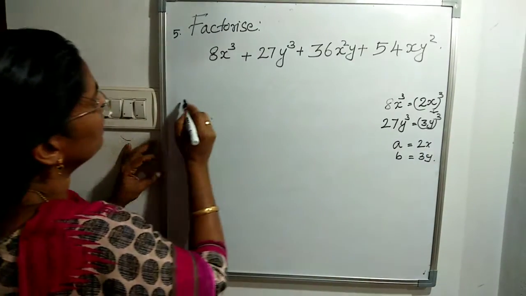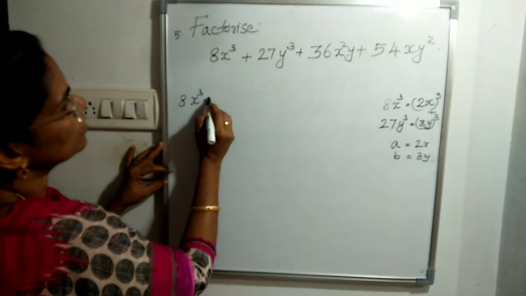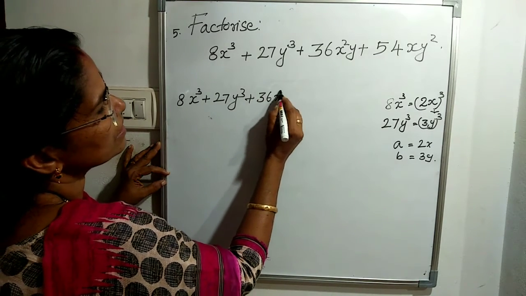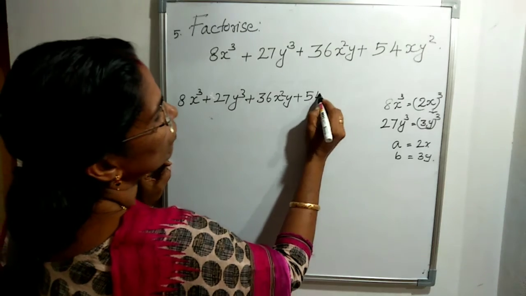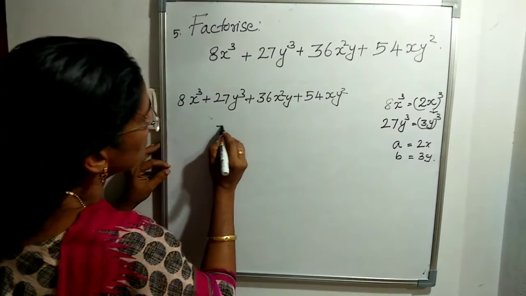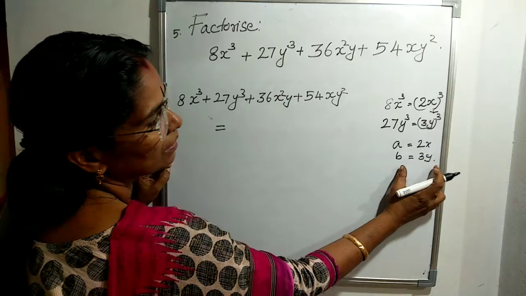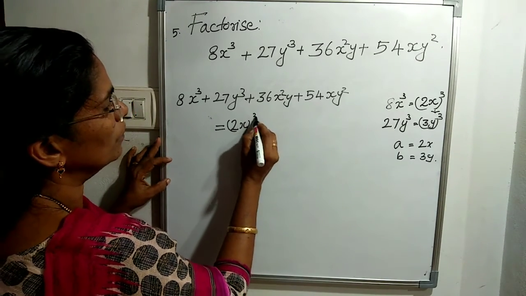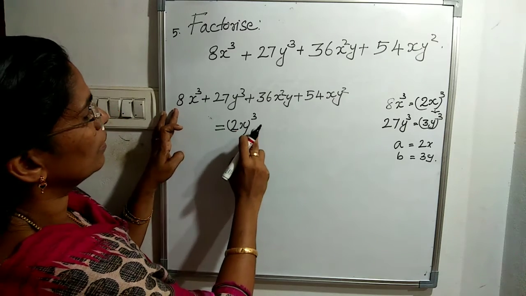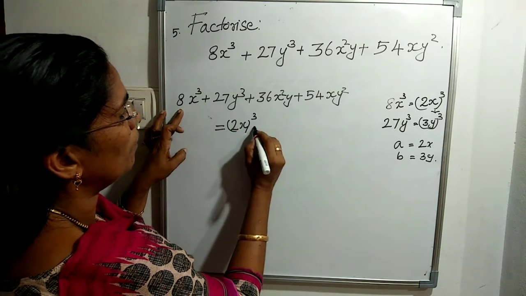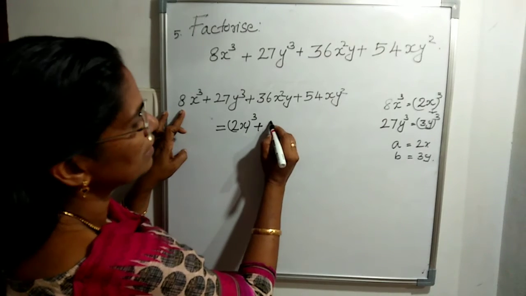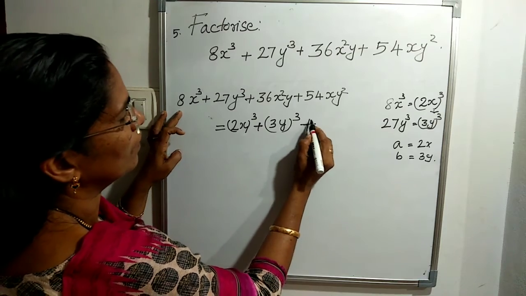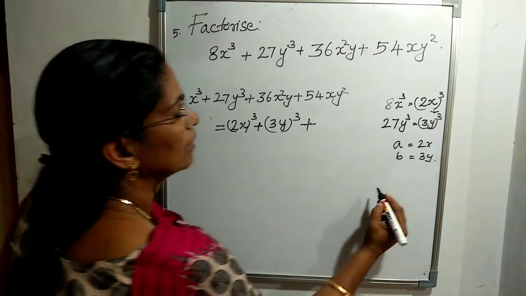Now we are taking this question 8x cube plus 27y cube plus 36x square y plus 54xy square is equal to, in terms of this a and b we are writing. It means 2x is a cube. That identity you have to remember and write like this. A cube plus b cube. B cube is 3y whole cube. Plus, what is our next term?